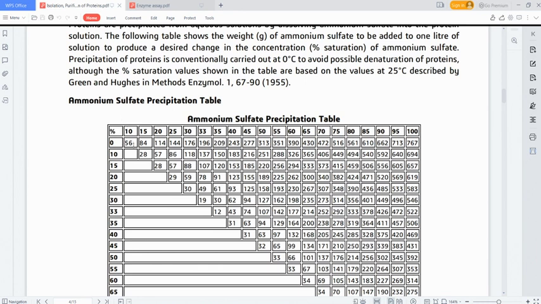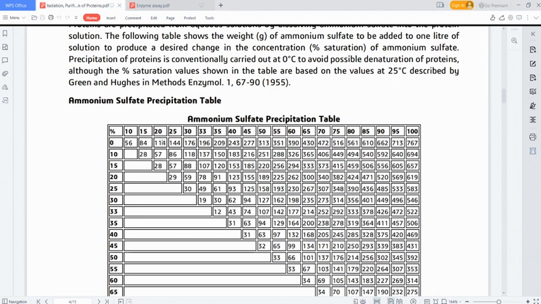First of all, they will add 10%, 5.6 grams. Stir. After stirring for some time, they will pour out about 10 mils from it and keep it as their 10% ammonium sulfate.